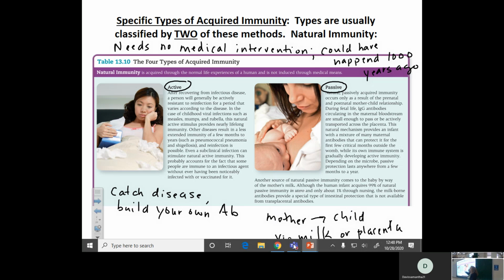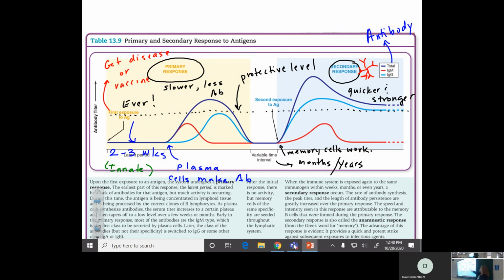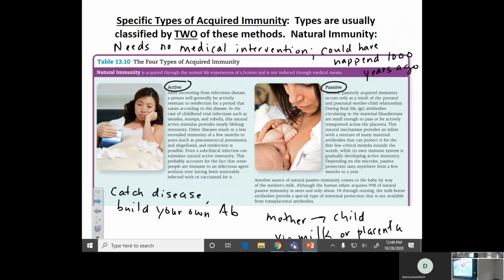The baby did not make its own antibodies, and because of that, the baby does not have immune memory. So that style depends on constantly getting new antibodies from the mom across the placenta or through breast milk. That's the passive style.